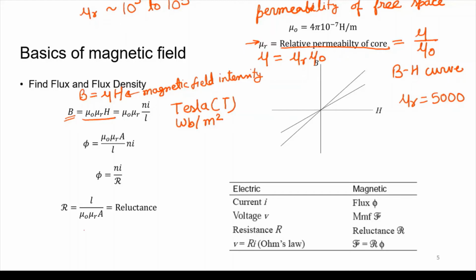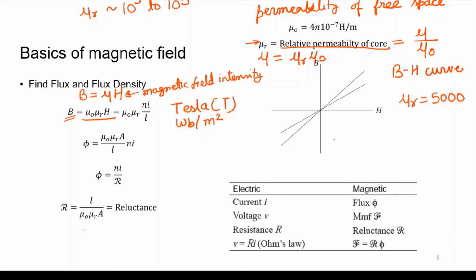In other words, the same current or magnetic field intensity will produce 5000 times more flux density in the magnetic material compared to the case of free space. Now, high flux density can be produced by the same current in a material with high permeability. That's why these magnetic materials of high permeability are used for electric machine cores.